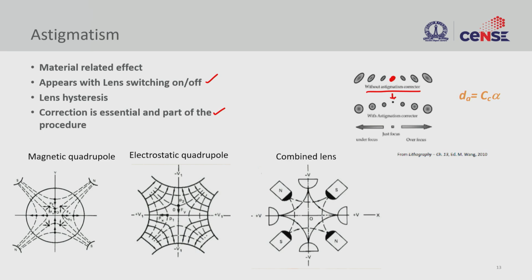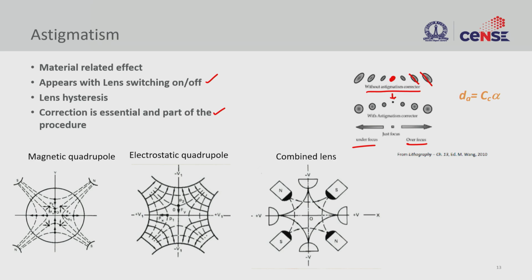But when you do defocus, so you do over focus, you do under focus, instead of the beam becoming larger and blurred, you will have some sort of orientation here. This tells you that the lens is not aligned properly. So there is a preferential elongation, a magnification in one direction, and in the other direction you don't see it. This is a classic example of how astigmatism affects your beam quality.